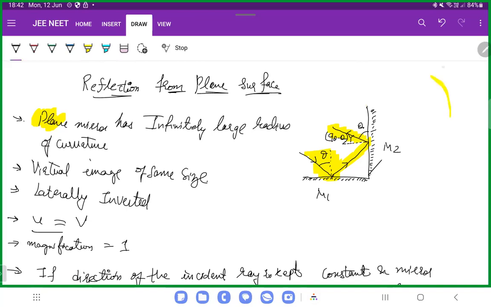Whenever we say concave or convex, we can end the line here, in circles.